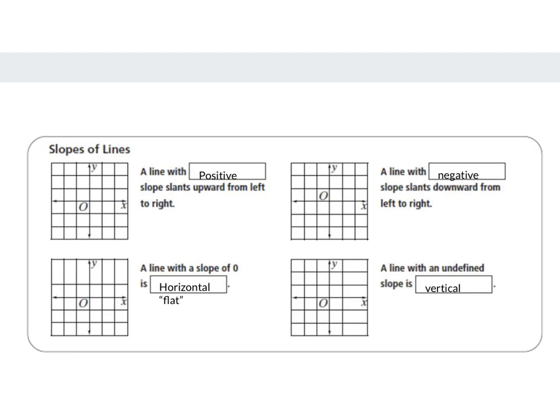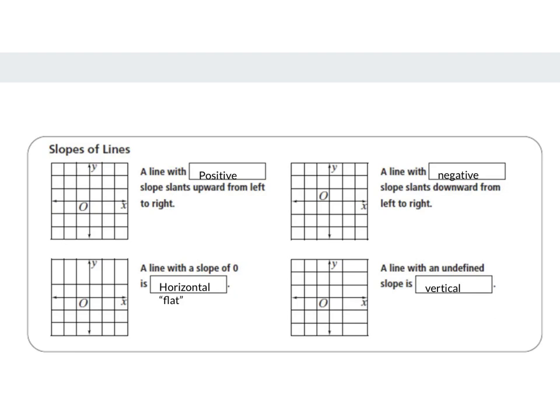Now, when we have a vertical line, a line that goes straight up and down, that slope is what we call undefined. And if you think about your x and y values here, your y values are not going to change, right?